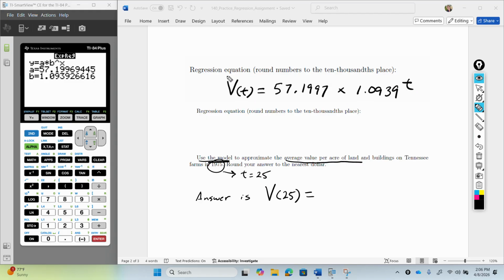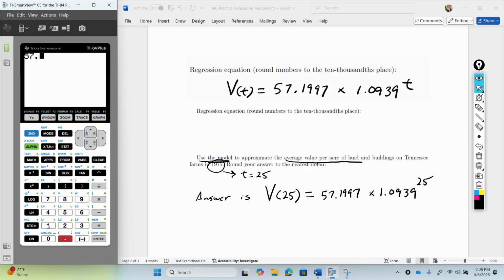You can take this formula that you had, round it to 4 places, and plug in t equals 25. I can do that in my calculator: 57.1997 times 1.0939 to the power of 25.